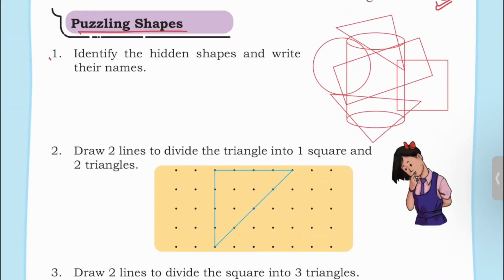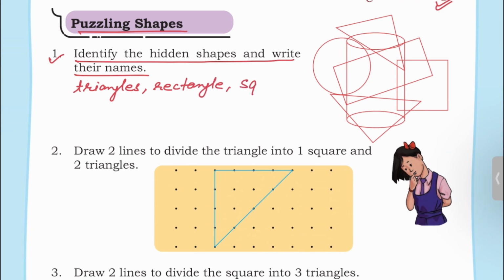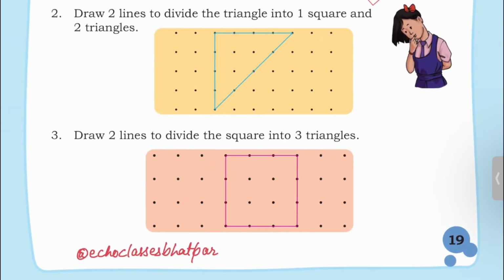Puzzling shapes. 1. Identify the hidden shapes and write their names. You can see here triangles, rectangle, square, circle, and cylinder. 2.